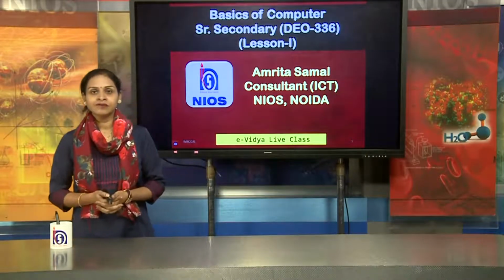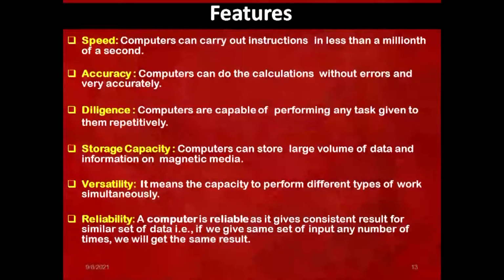Then the next feature is storage capacity. Computers can store large volumes of data and information on various secondary devices like magnetic tape and magnetic media, and there are many more secondary devices which we are going to discuss in a later chapter.